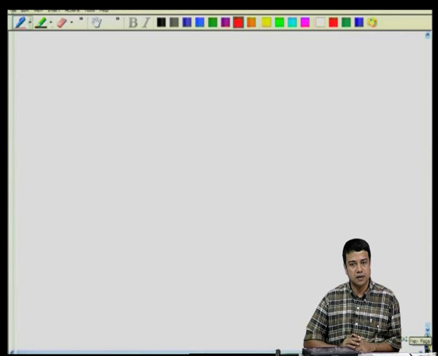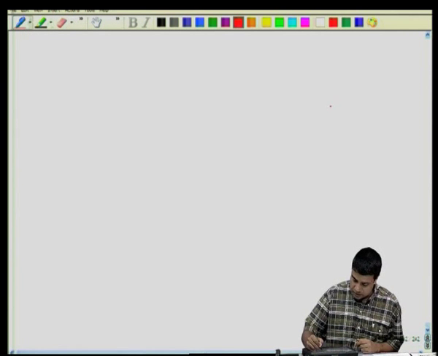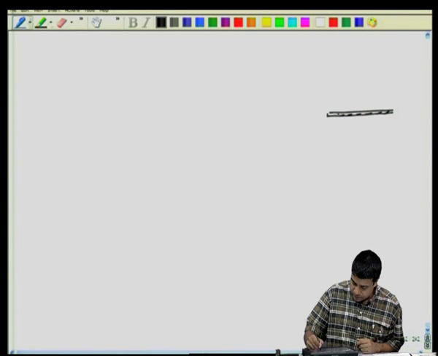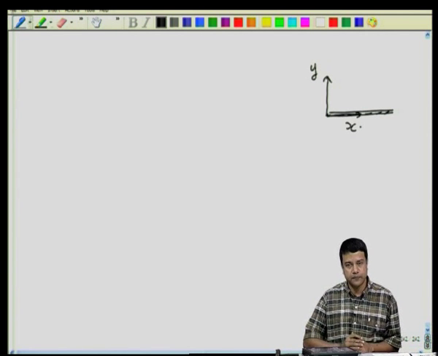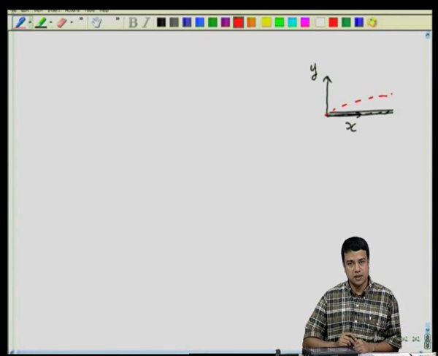As you recall, the stream function psi is equal to nu x U to the power half times f of eta. So, what are the boundary conditions here? We had the flat plate, with coordinates y and x. There was a boundary layer there whose thickness was increasing proportional to x to the power half.